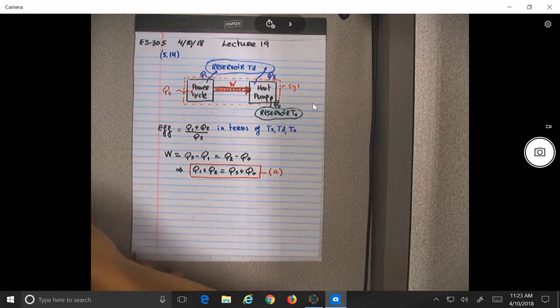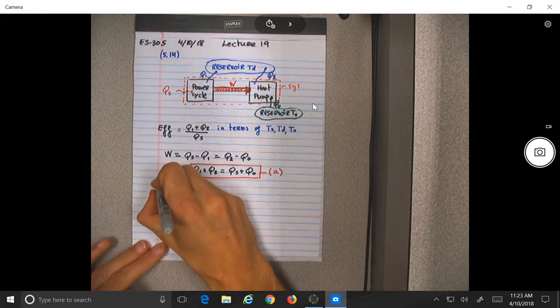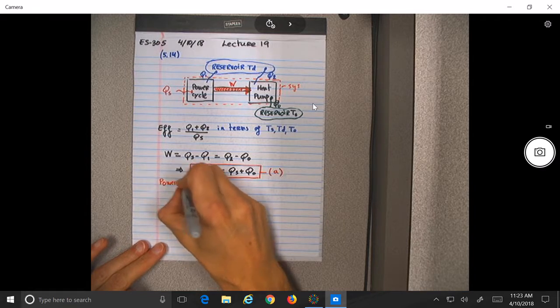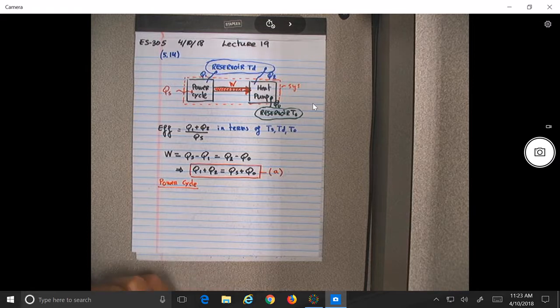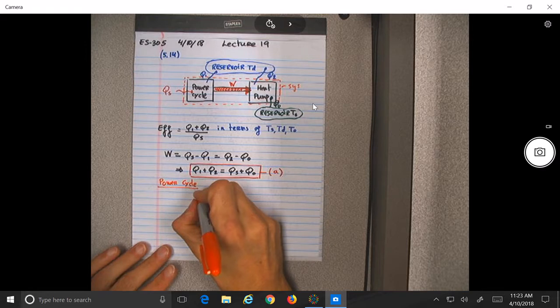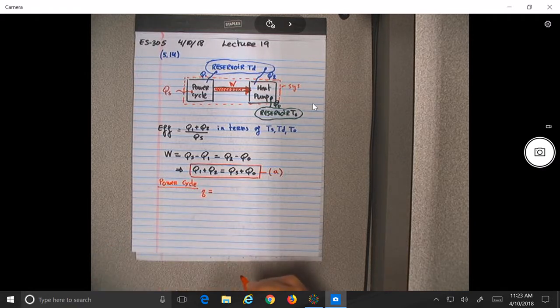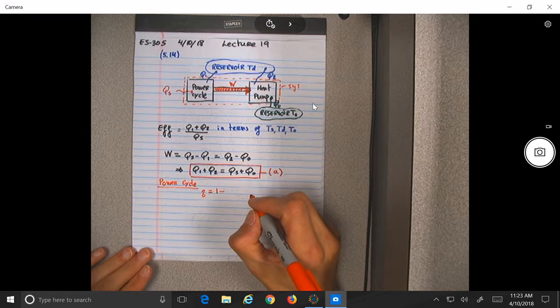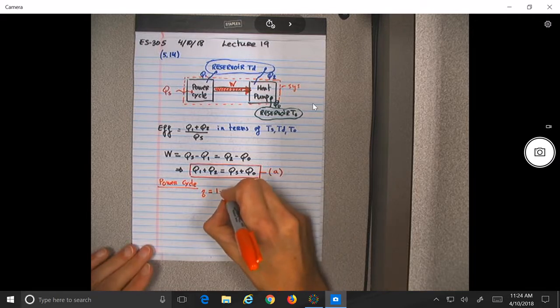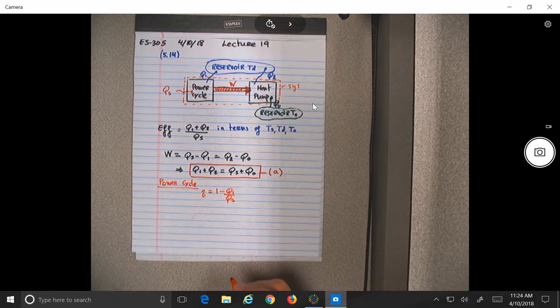Now, if I just look at the power cycle, we can do it in a different color, which is fine. What is the efficiency of the power cycle? Okay, I can go a bit faster. It will be 1 minus what? Q1 over Qs.